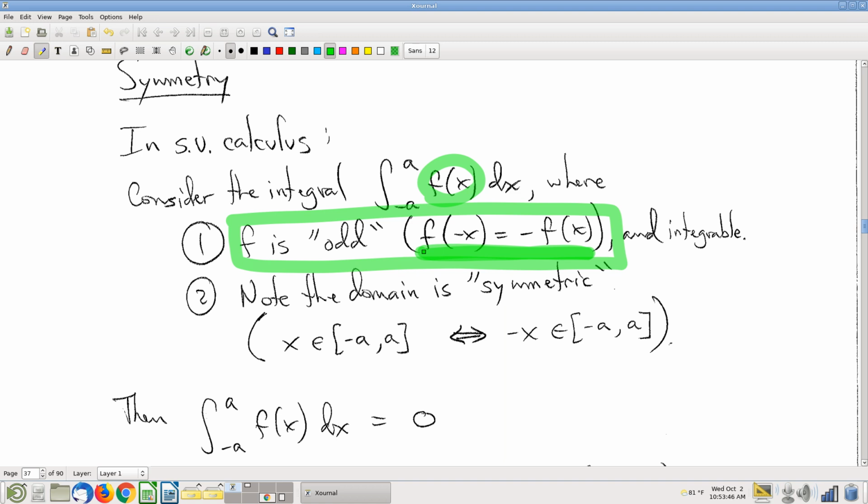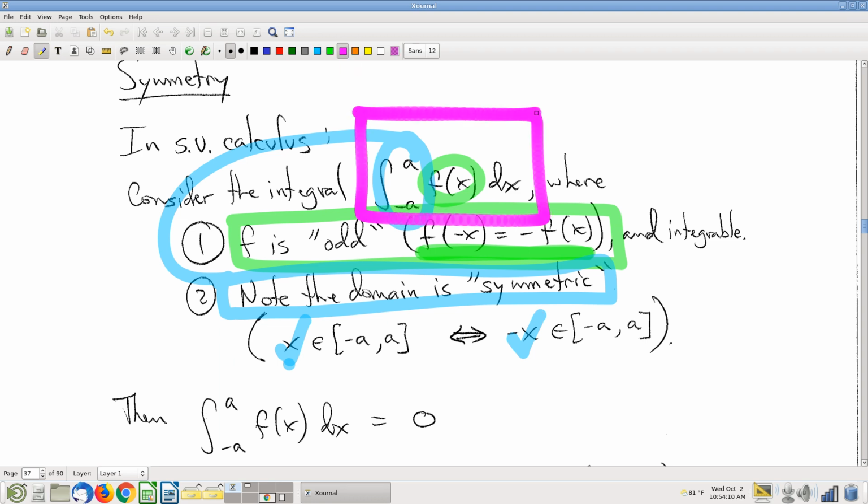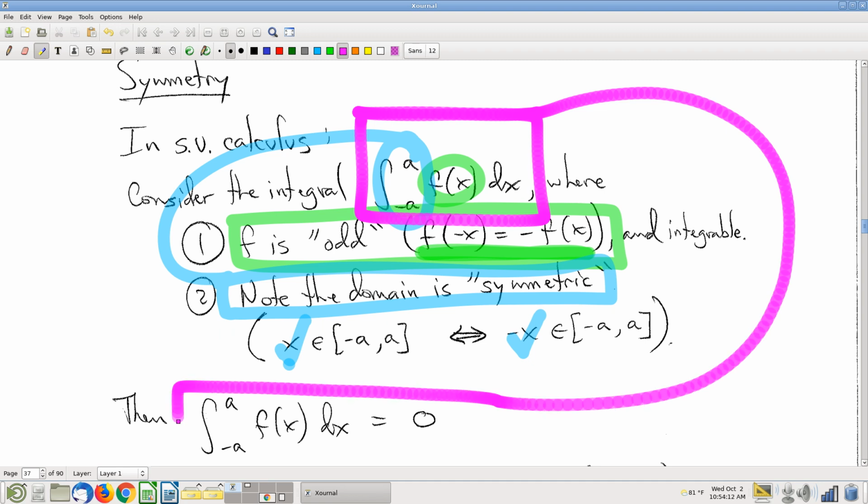That's the name. And if your domain is symmetric, right? Symmetric in the sense that if you have some point x that's in that domain, well then its negative is also in that domain. Then the resulting integral is 0.